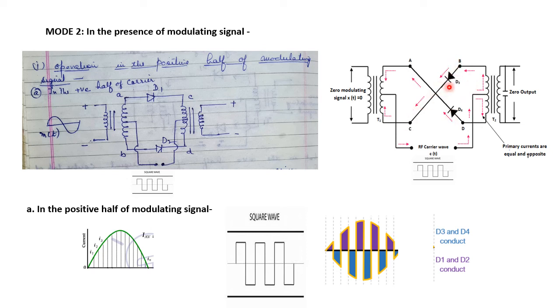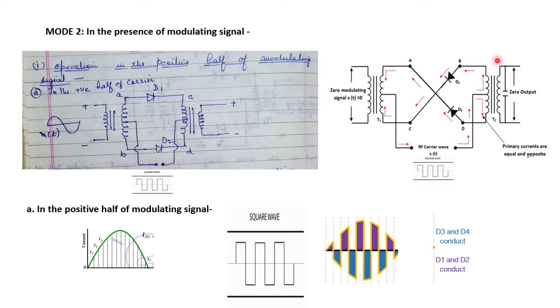When these two diodes are conducting, they are connecting the points diagonally: point A and point D are connected diagonally through the diodes. Hence, whatever voltage is present at A will be shown at the point D, and whatever input voltage is present at the point C will reflect at the point B.